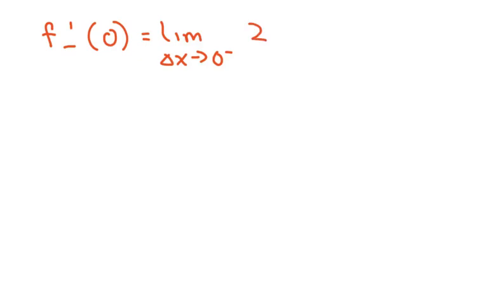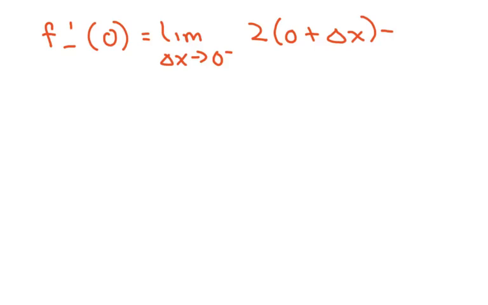So for the negative side, f prime at 0 coming from the left side is the limit as delta x approaches 0 from the left. You plug in your formula, 2, and everywhere there's x, put the 0, minus f of 0.